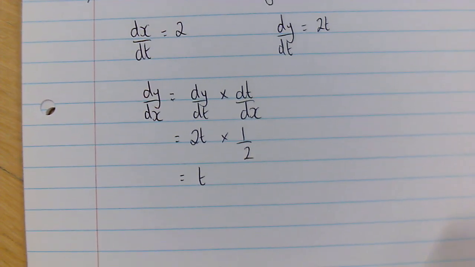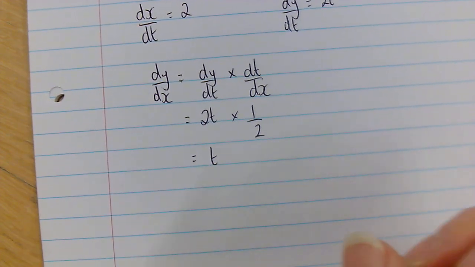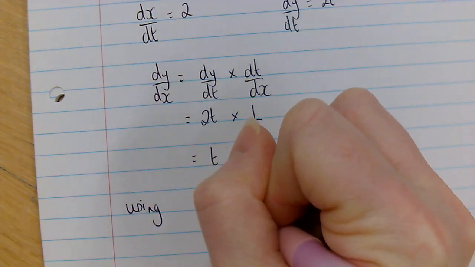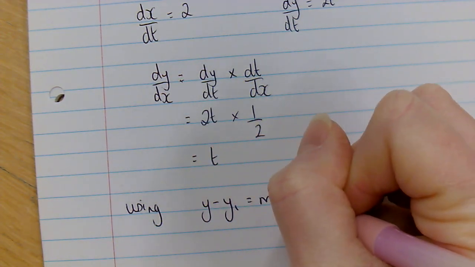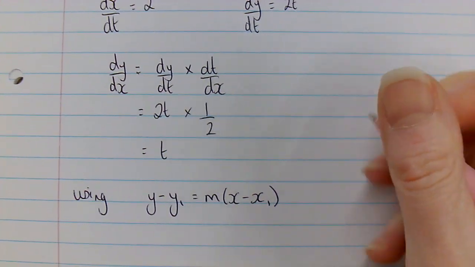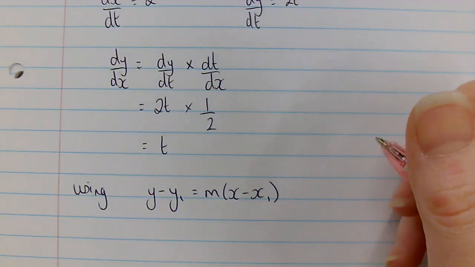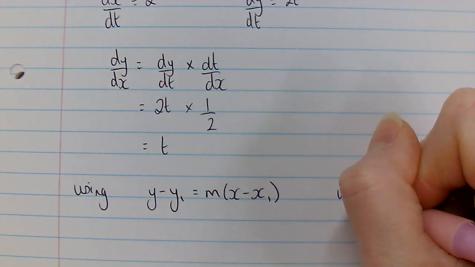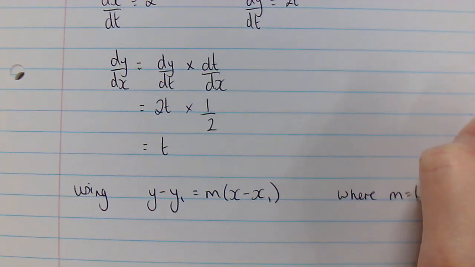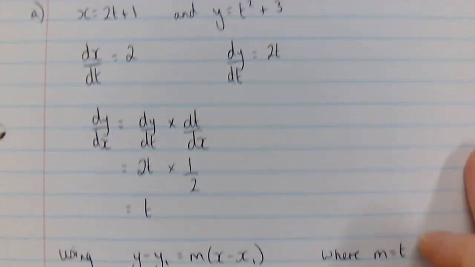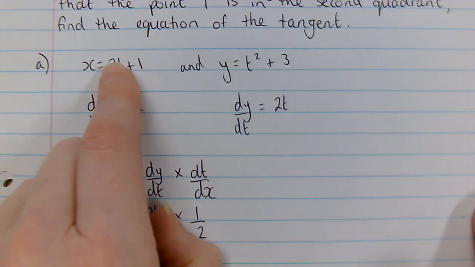Okay, because we want to find the equation, using y minus y1 equals m(x minus x1), we've got our gradient of the tangent, so m equals t, and our x and y values are the original values we were given.